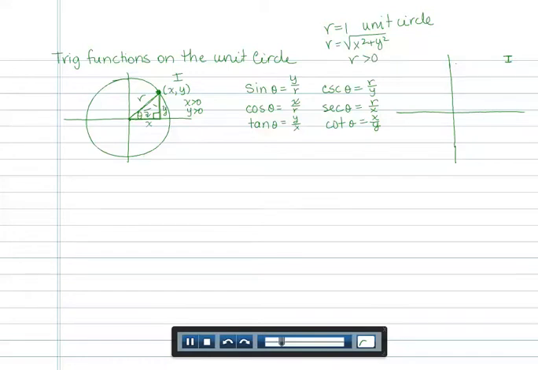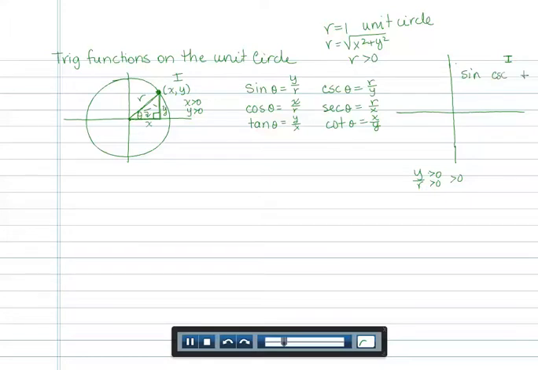Consider the sine. The sine is y over r. I'm going to do the work over here so you can see it. If y is positive and r is positive, then the whole thing is greater than 0, so it's a positive number. If the sine is positive, so is the cosecant.